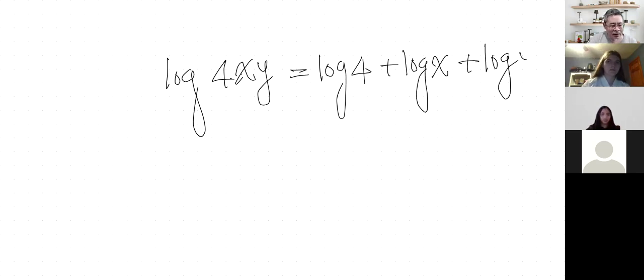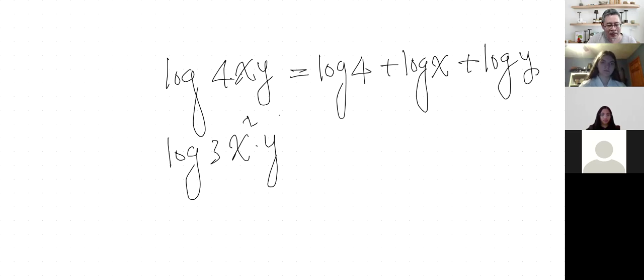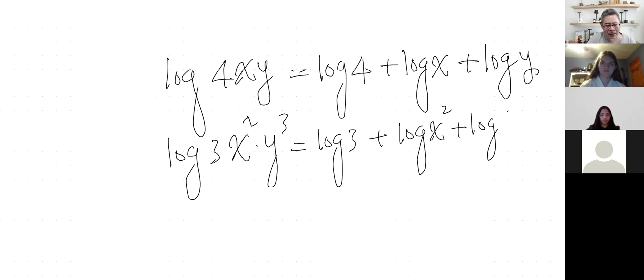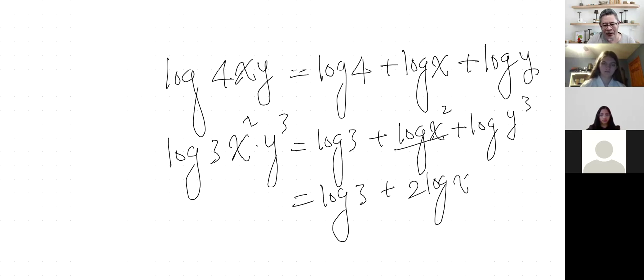And if we got log 3x squared times y to the third, then we know we got log 3 plus log x squared plus log y to the third. Then this is still log 3, but this one becomes 2 log x plus 3 log y. Yep. We good on this one?